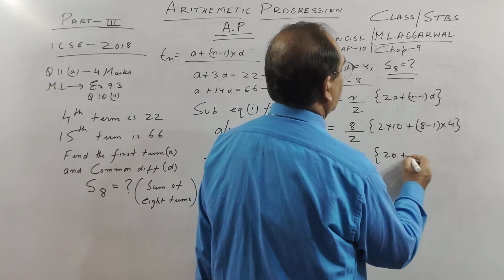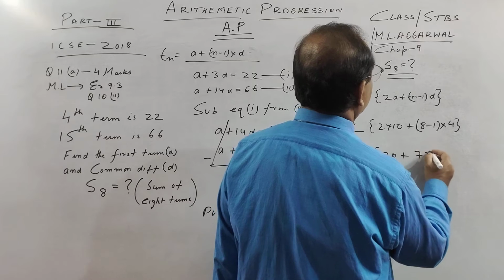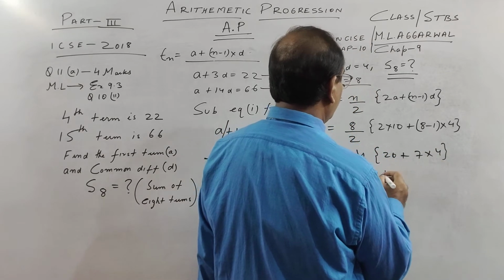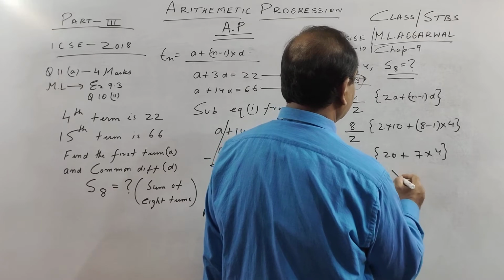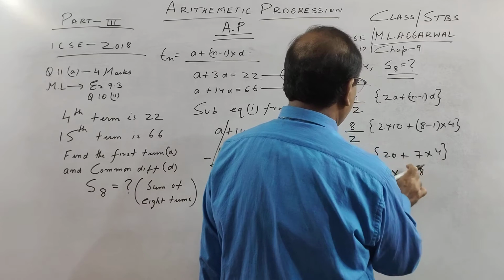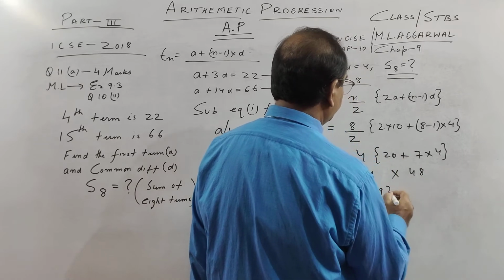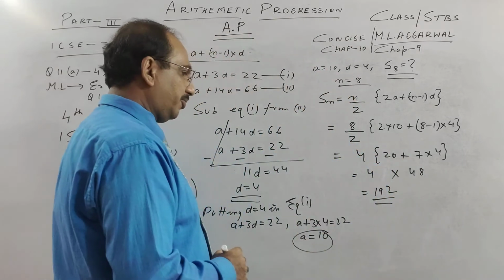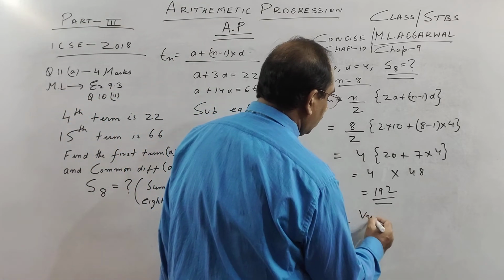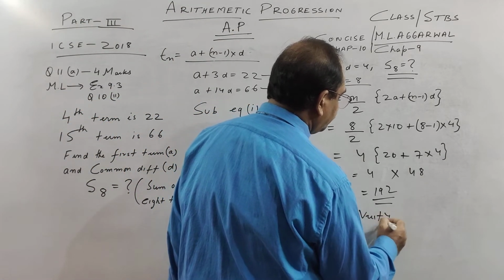This is 20 plus 7 into 4. So 4 into 48, 48 4s are 192. So this is the sum of 8 terms. If you want to verify, children, you can see, because with smaller values you can verify.